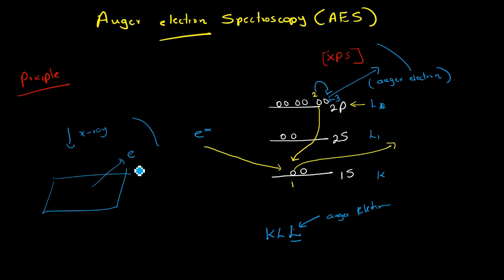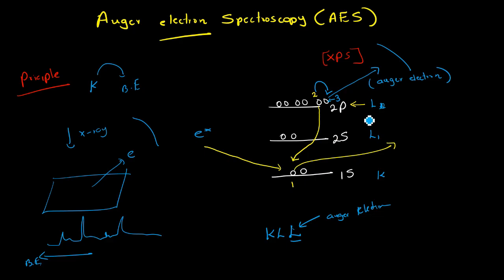Our instrument will catch these electrons and calculate the kinetic energy of your electron. Based on this energy, it will recalculate the binding energy. So your initial spectrum will be on the binding energy.